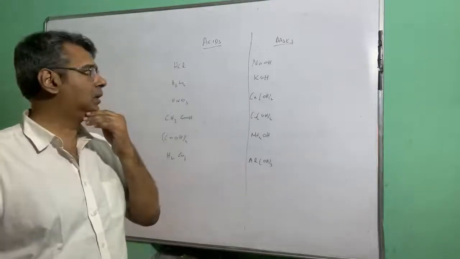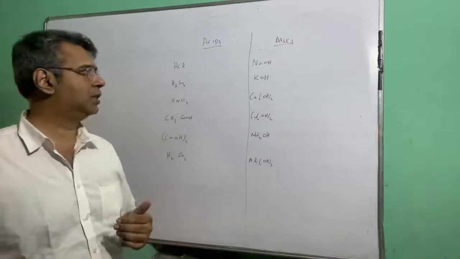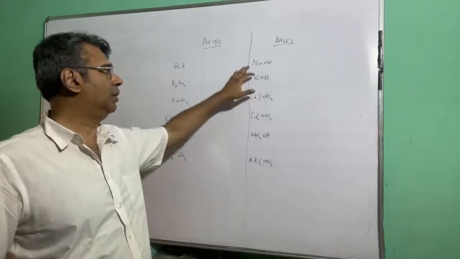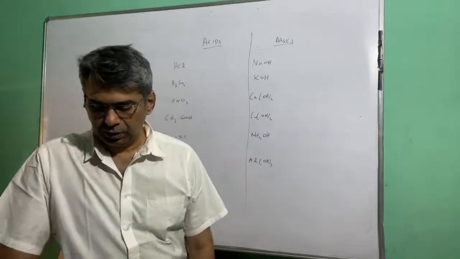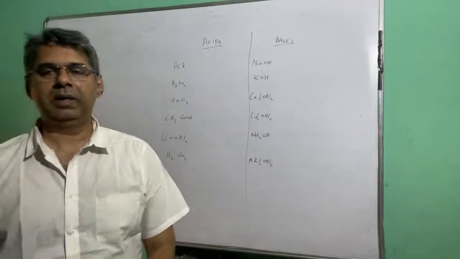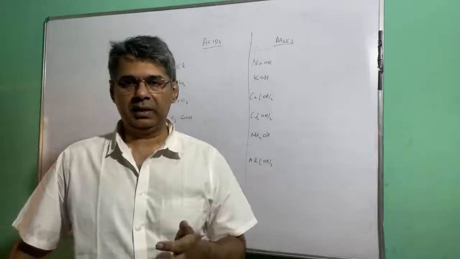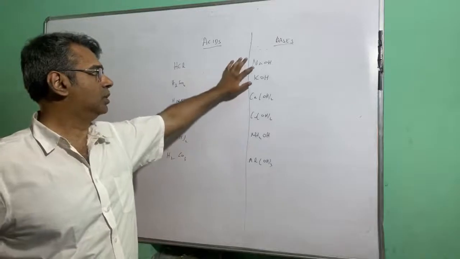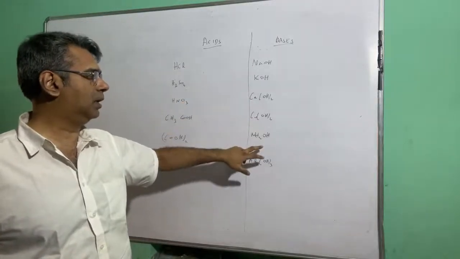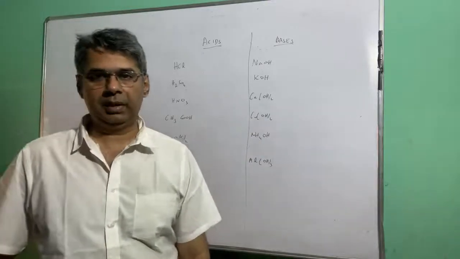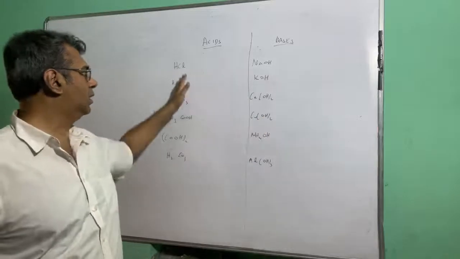We will learn more and more about acids and bases as we continue, but sodium hydroxide, potassium hydroxide, and ammonium hydroxide are also called alkalis because they are soluble in water. I will be telling you about alkalis later. So the bases are sodium hydroxide, potassium hydroxide, calcium hydroxide, copper hydroxide, ammonium hydroxide, and aluminium hydroxide. These are all bases, and these are all acids.